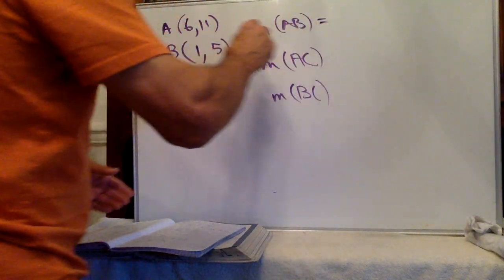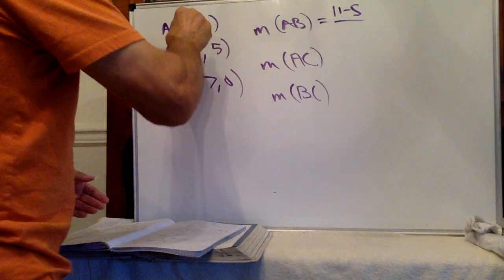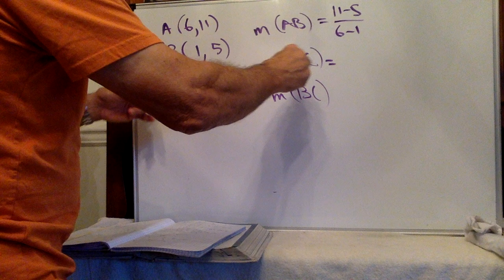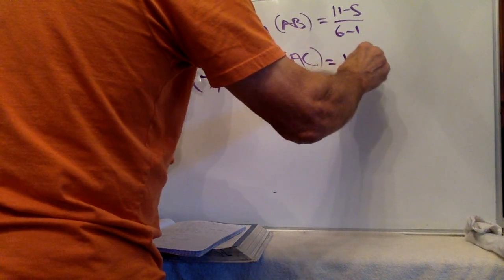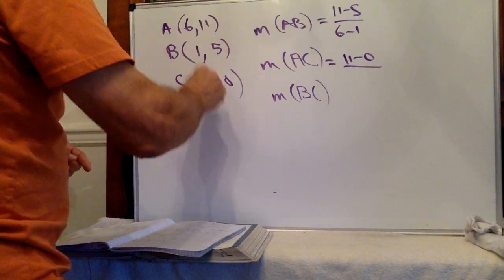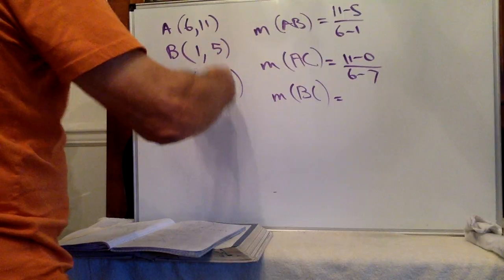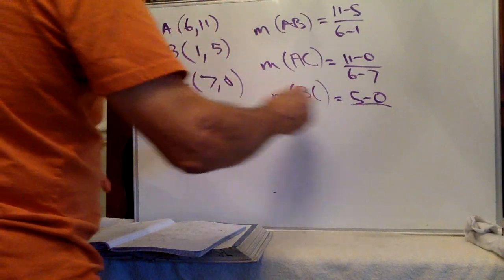So the slope of AB, 11 minus 5 over 6 minus 1. The slope of AC, 11 minus 0 over 6 minus 7. And the slope of BC, 5 minus 0 over 1 minus 7.